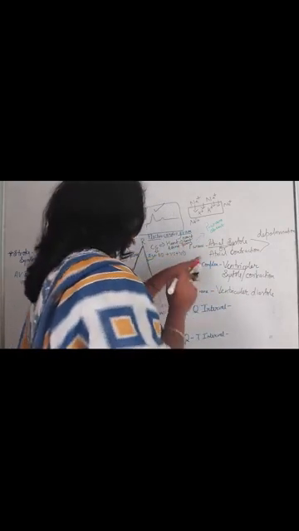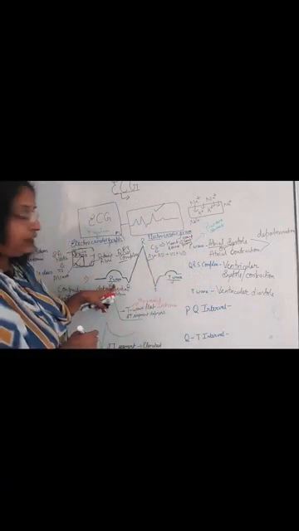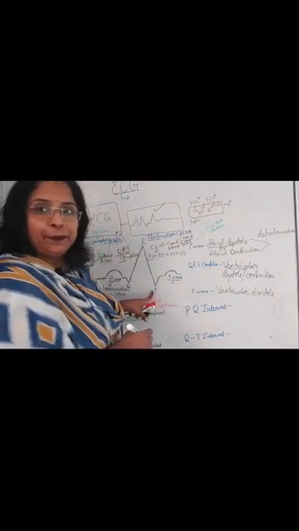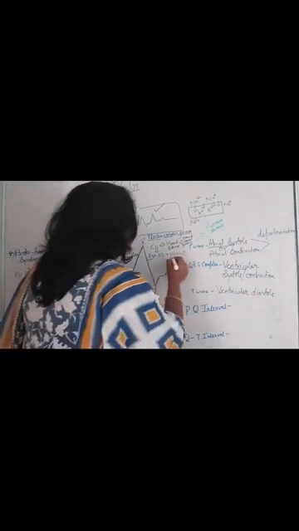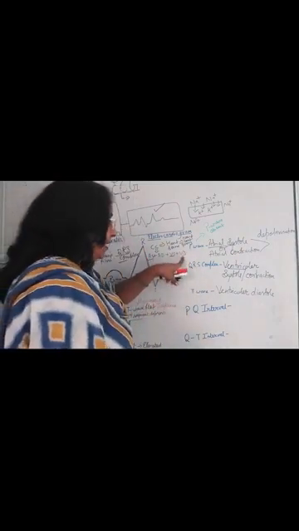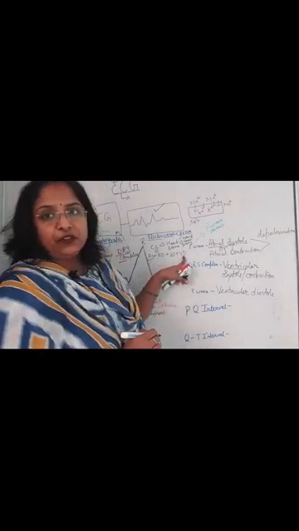So we can see the P wave, which is associated with atrial systole, the QRS complex which is associated with ventricular systole, and the T wave which is associated with ventricular diastole.